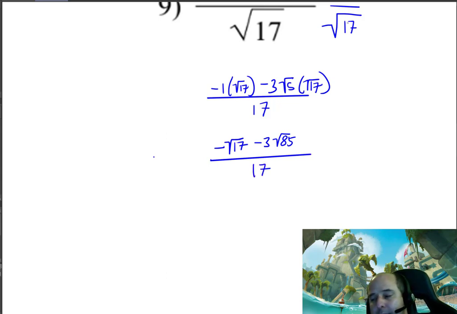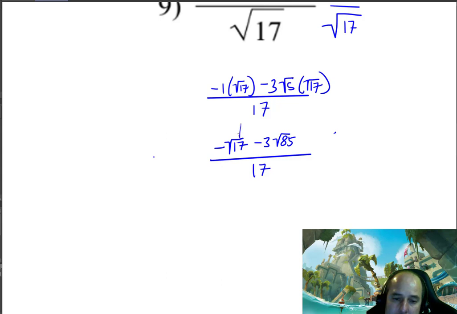Now, if you're looking at that, you're probably thinking to yourself, that is so unbelievably ugly. And you are 100% correct. That is ugly, but that is also the answer. And the reason you know it's the answer is this, right? There's nothing I can factor out that would help cancel with anything of the 17, right?